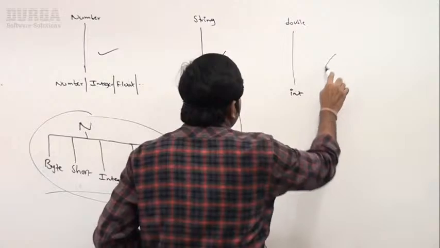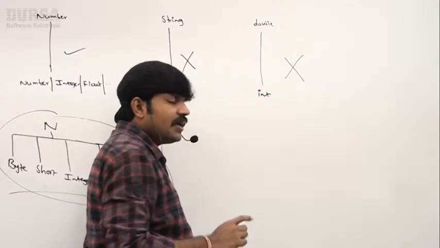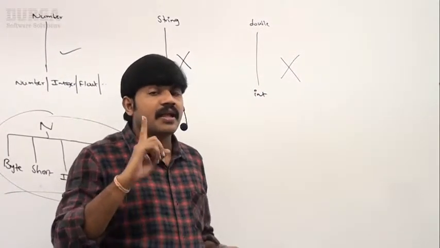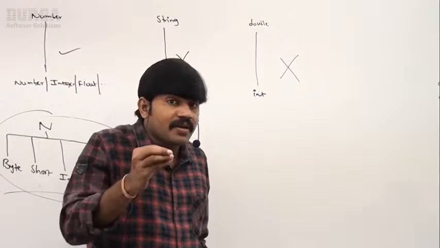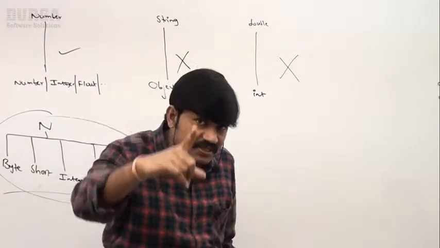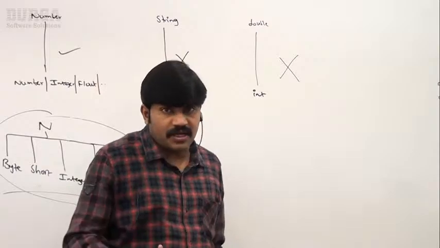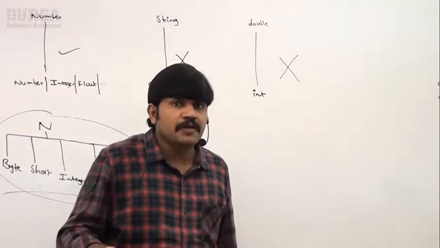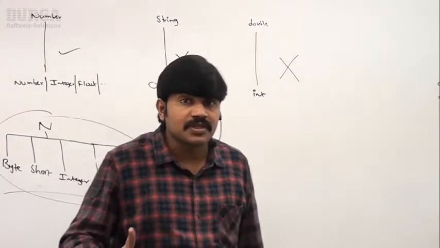That's why this one is invalid. In the case of primitives, the child method return type must be the same as the parent's return type. But in the case of object types, covariant return types are allowed.